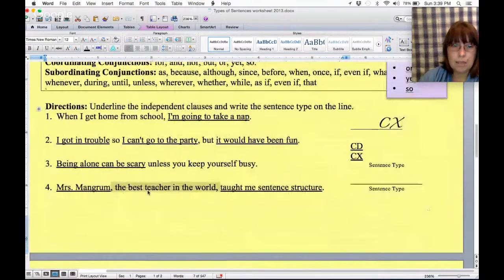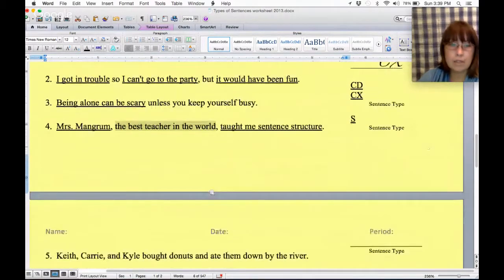Therefore, this part right here, the best teacher in the world, is not a clause. Okay? Who did it? Best teacher in the what? What did they do? Nothing. This is what's called an appositive phrase. Tricky, huh? So this is actually a simple sentence. And it just has an appositive phrase, which I'll teach you guys later, in the middle. So watch out for those.